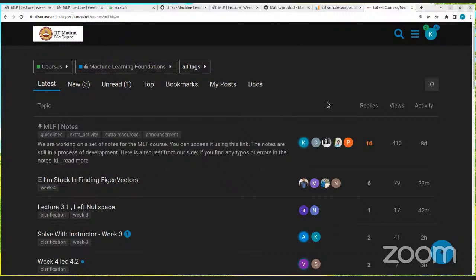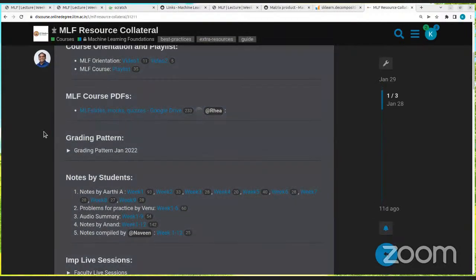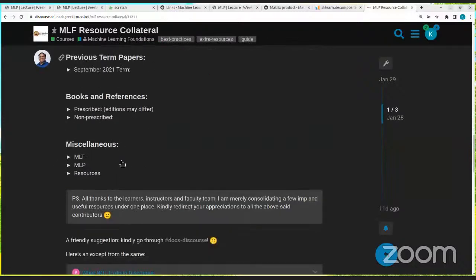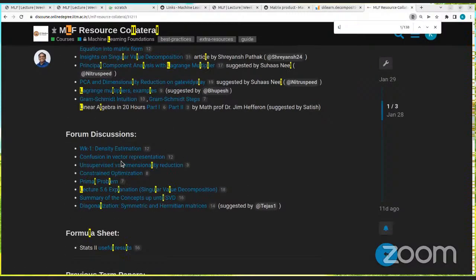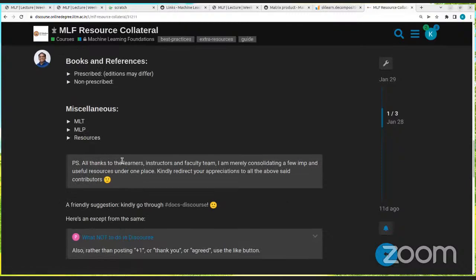The MLF resource collateral might have something. Yeah, it has a linear algebra with NumPy YouTube video by Jaydev, and also a handy intro to NumPy usage in ML. Okay, so you can refer to this, Madhuri.